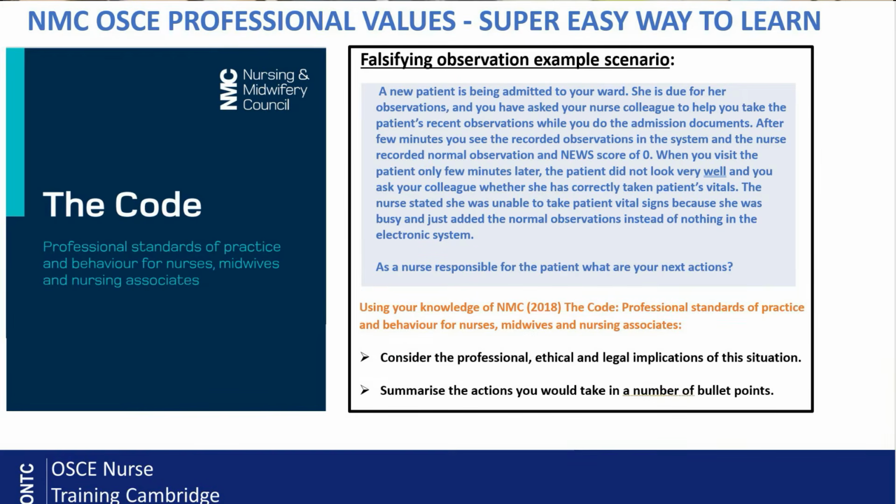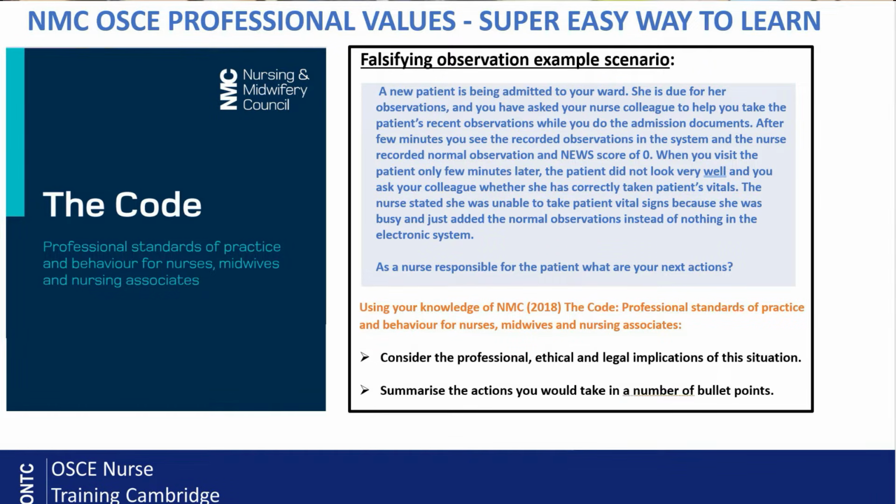You have to write your answers in bullet points. So let me quickly show you what the template can look like. For example, I've put up a scenario on falsifying observations. You asked one of your colleagues to do patient vitals, but they didn't actually do the vitals, yet they charted normal vitals in the patient chart anyway.